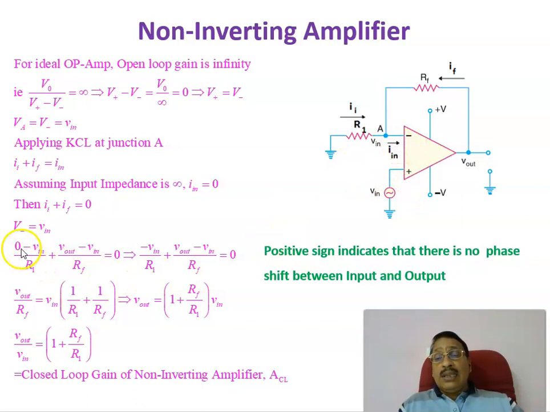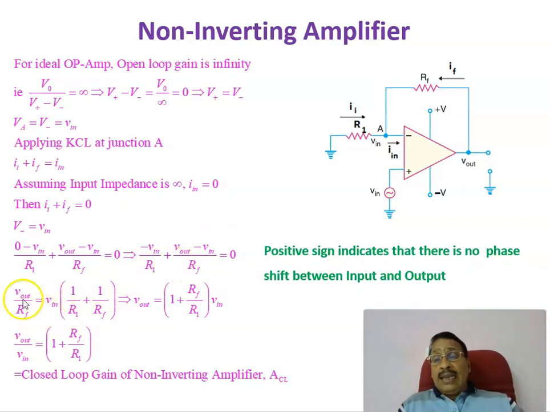Therefore, it is 0 minus V in divided by R1, plus V out minus V in divided by RF, and that should be equal to IN, which is equal to 0. So minus V in divided by R1 plus V out minus V in divided by RF is equal to 0.